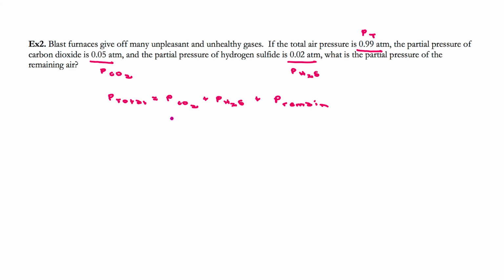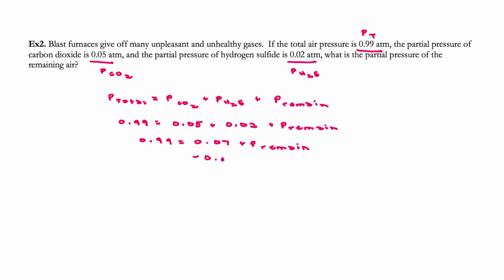Okay? So since I know that the total pressure is 0.99 atmospheres, and I know that the partial pressure of carbon dioxide is 0.05, and the partial pressure of hydrogen sulfide is 0.02, I can solve for the partial pressure of the remaining air. So 0.99 equals 0.07 plus P remaining.